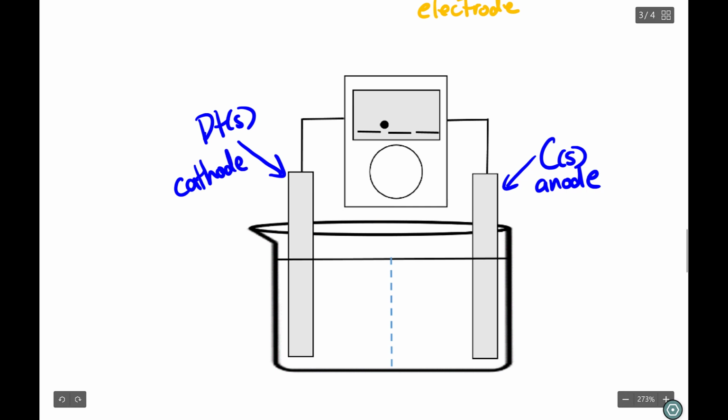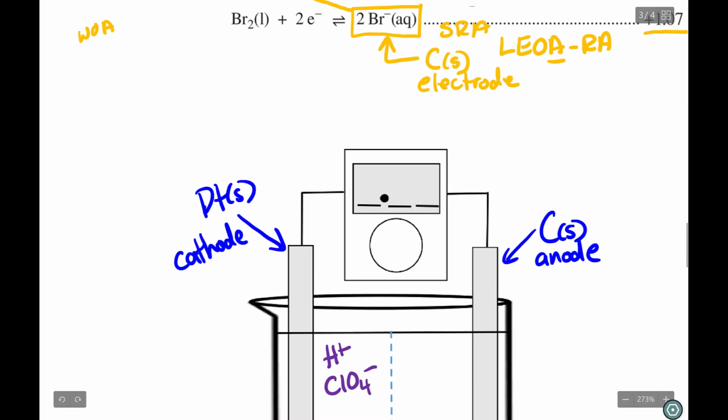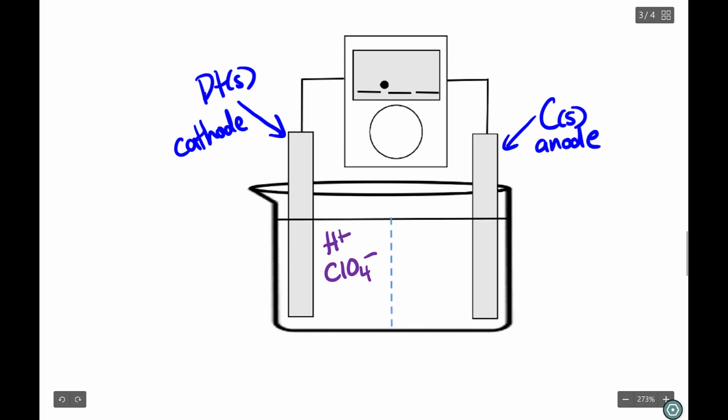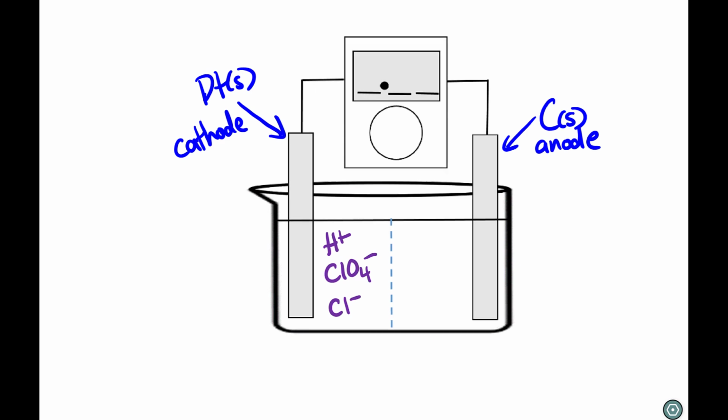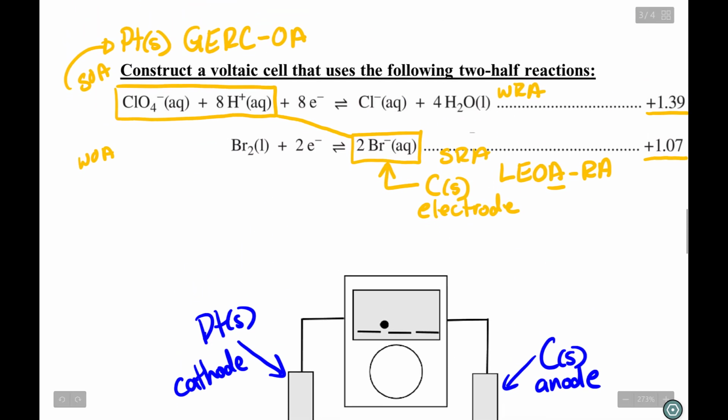And then I'm going to include my solutions. So on my cathode side, it must be acidified, and it has perchlorate in there as well. On the anode side, I'm going to include chloride here as well. I'm going to include everything that's in the half reaction. Normally when we have, say, a metal and a metal solution, we have everything in the half reaction.